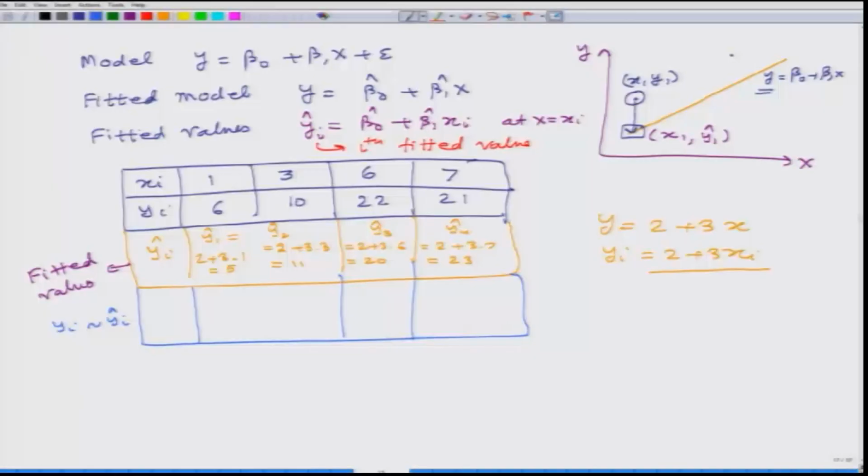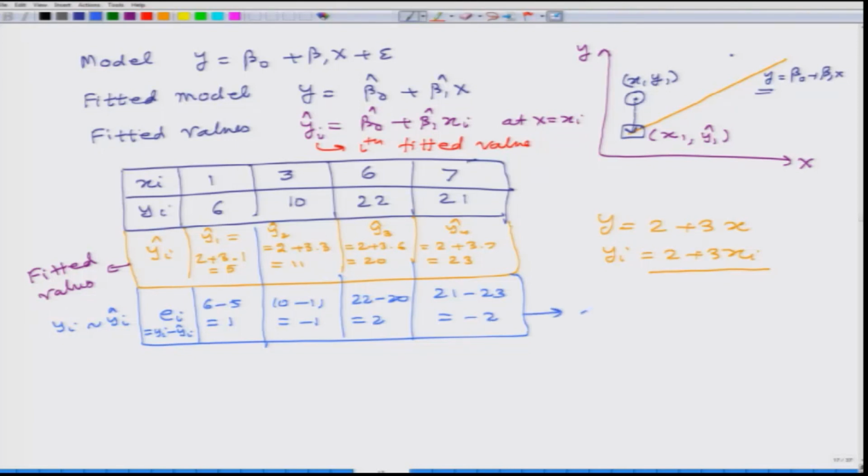I denote it by ei and define it as yi minus yi hat. So, this becomes 6 minus 5 which is 1, this becomes 10 minus 11 which is minus 1, this becomes 22 minus 20, which is 2, and this becomes 21 minus 23, which is minus 2.